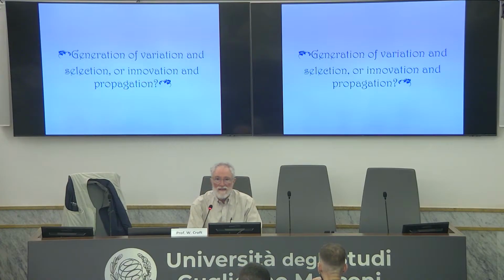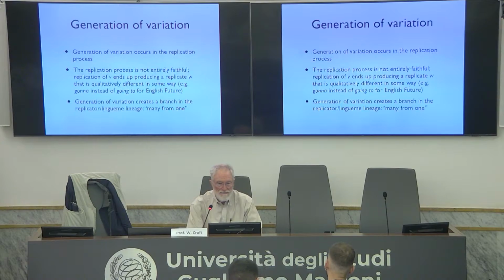And on the face of it, this is basically the same as innovation versus propagation that people working in language change talk about, particularly socio-historical linguists. But they're not quite the same.